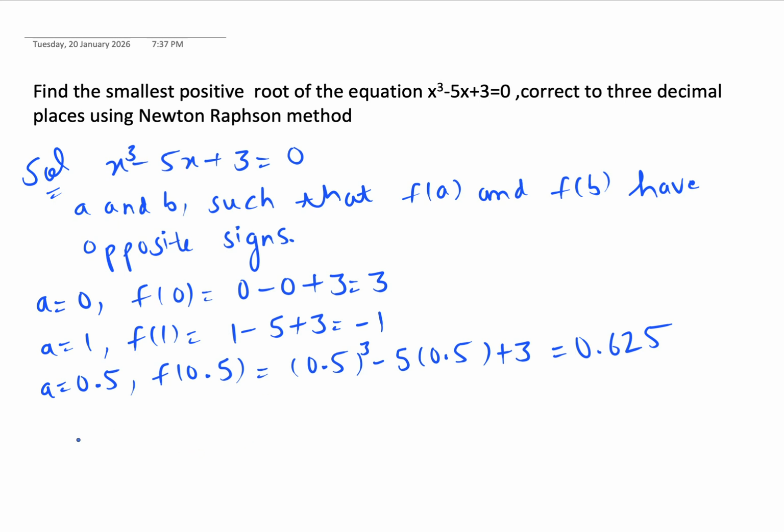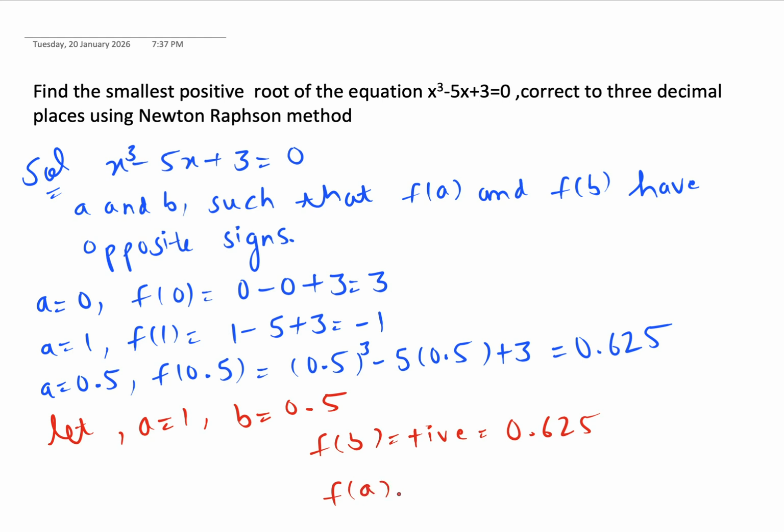So let's consider the interval. Let a equal 1 and b equal 0.5, because f(b) is positive, that is 0.625, and f(a) is negative, minus 1.